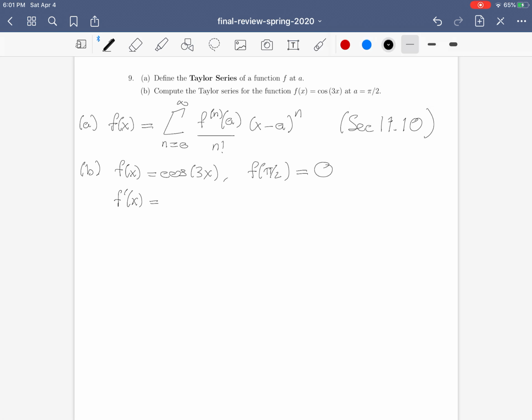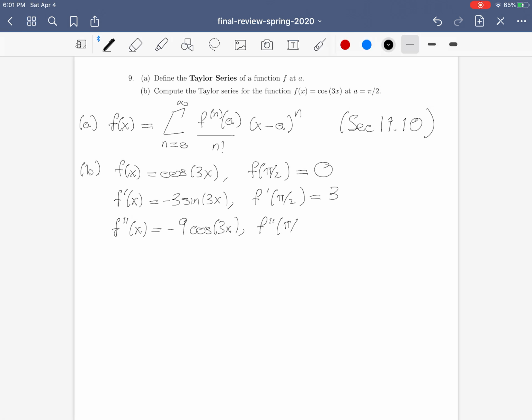f primed of x is negative 3 sine 3x. So therefore, f primed of pi by 2 is equal to negative 3 times sine 3 pi by 2. So that's equal to 3. f double primed of x is equal to negative 9 cosine 3x.